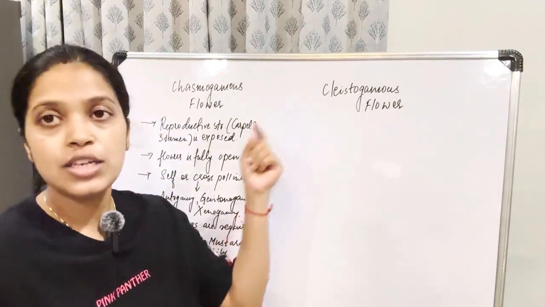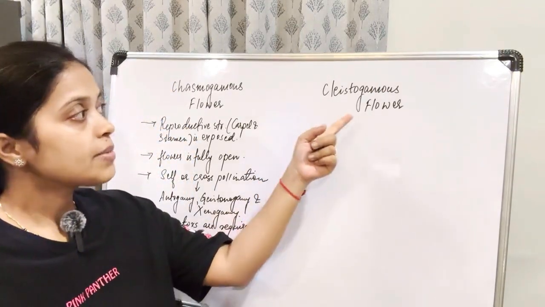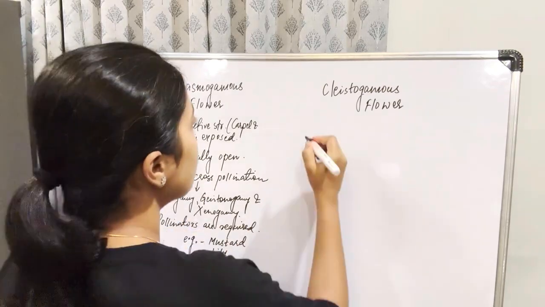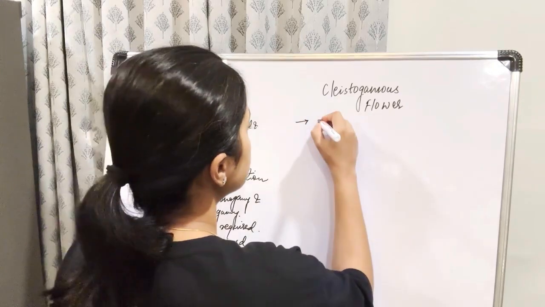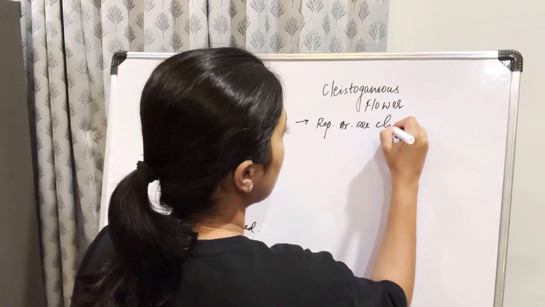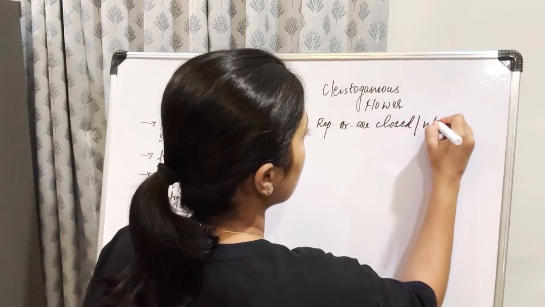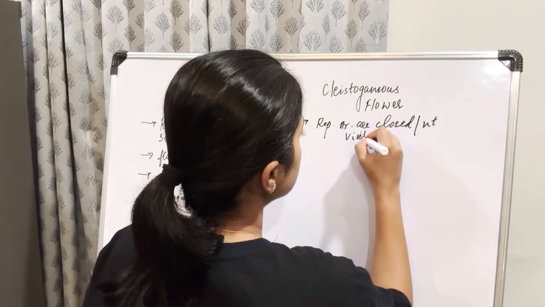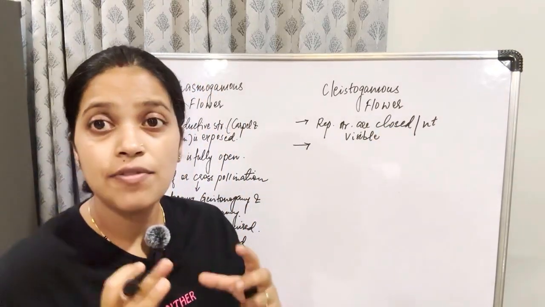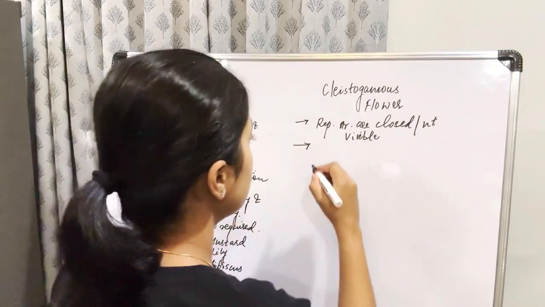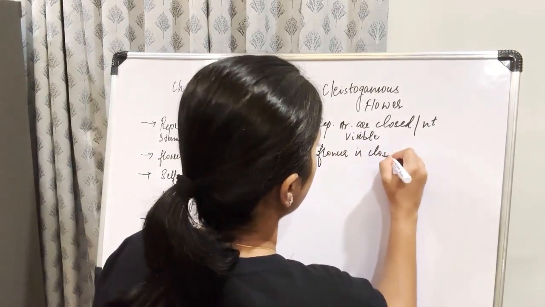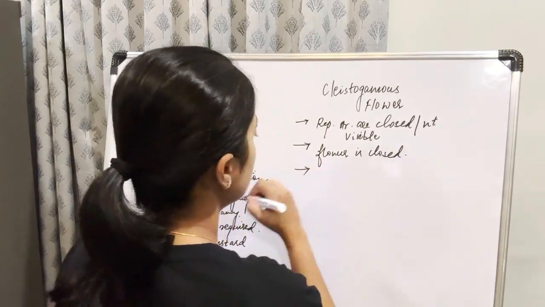Okay, then we have the Cleistogamous flower. Cleistogamous flowers are those where the reproductive structures are closed, they are not visible. So here the reproductive structures are closed, they are not visible from outside, and this is because the flower is always closed.